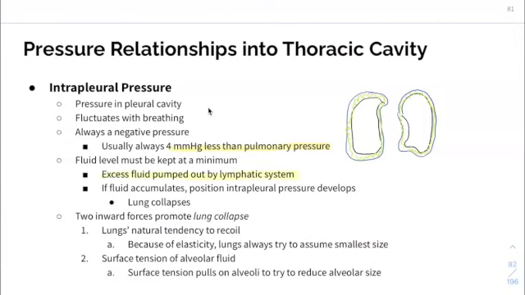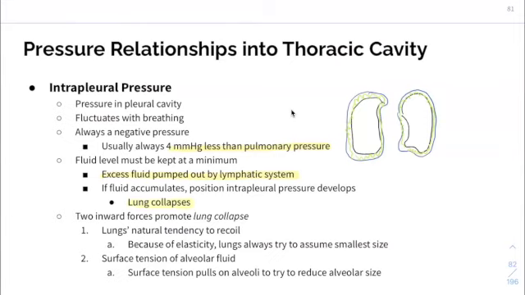We want to create that pressure difference that allows our lungs to expand and recoil back to their normal size. If we get too much fluid and it's not getting drained out, it can cause your lungs to collapse.